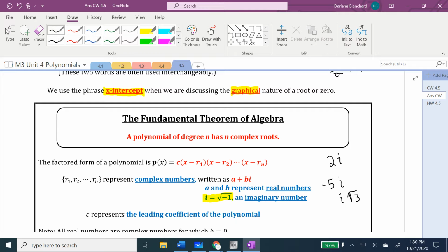And very, very important: complex numbers have the form a plus bi. a represents a real number. b represents a real number. And if we use the letter i, instead of allowing negative numbers under square roots, we get to use all the normal rules of math that we've been using.